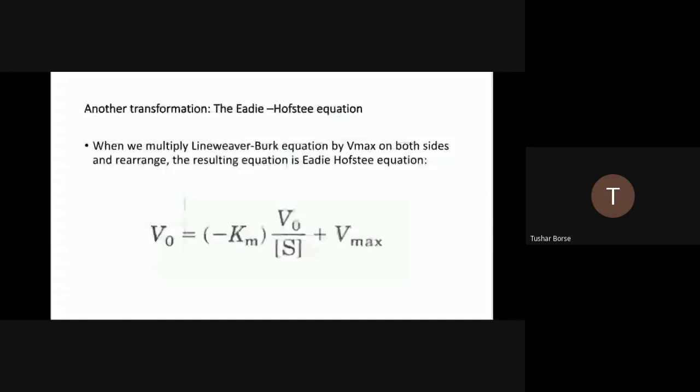Now, the Eadie-Hofstee equation was used in ancient times, when we did not have powerful computers or non-linear regression software for calculating the values of Vmax and Km. It was used because it was said to rapidly give the values of Vmax and Km. So it was that kind of useful.